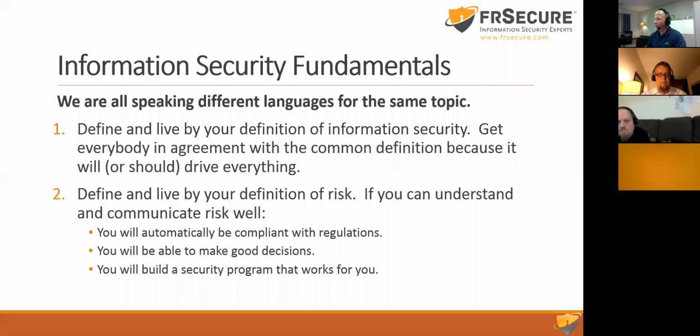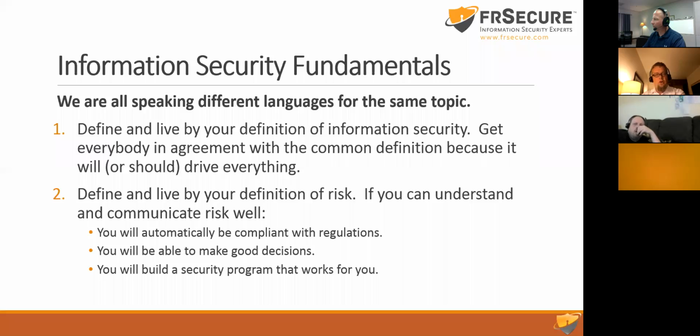Everything needs to be driven by it. If I consistently refer to that with executive management, they're going to get it, and they're going to demand answers around it. So number 1, do that. Number 2, define and live by your definition of risk. If you do manage risk well, you'll automatically be compliant with regulations. So if a regulator asks me, and I know maybe I'm painting a rosy picture, but if a regulator or an examiner asks me, hey, where's this control?